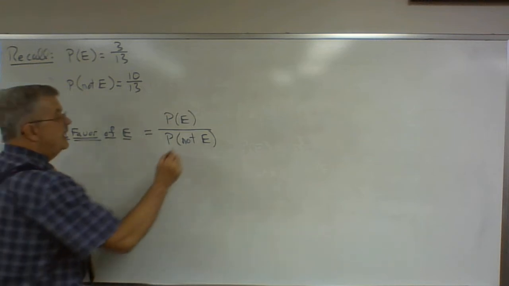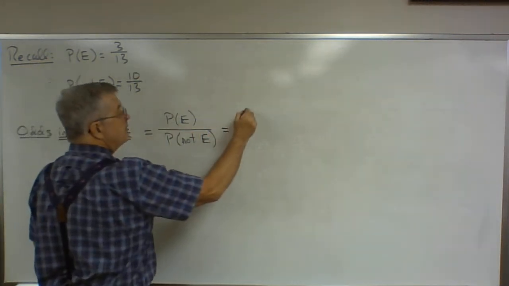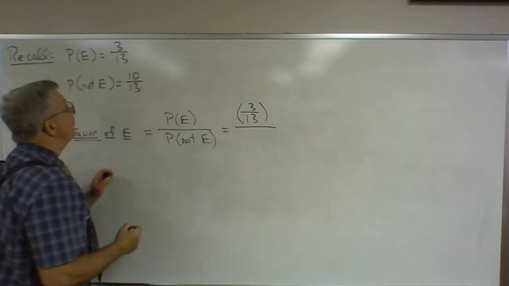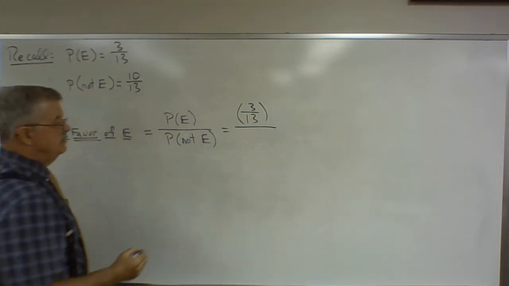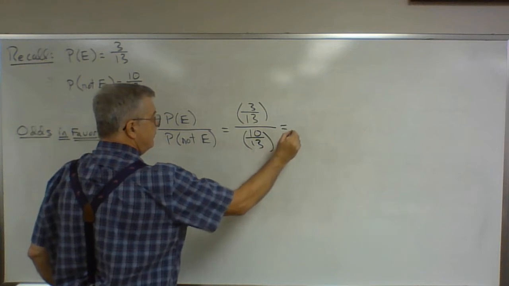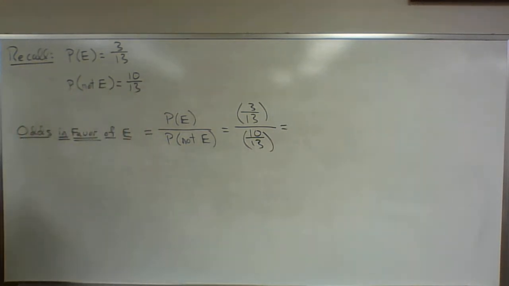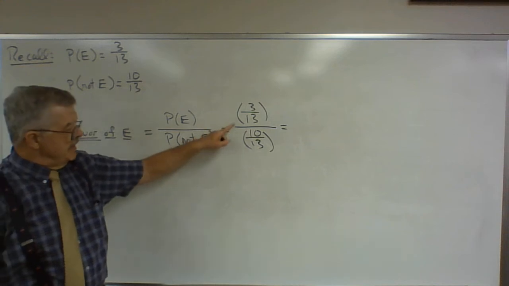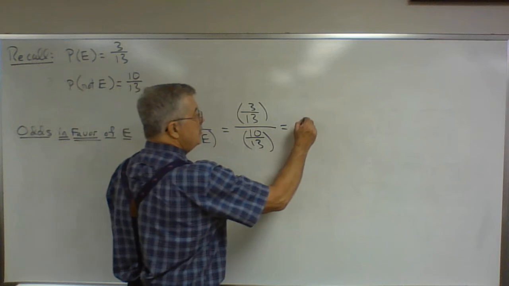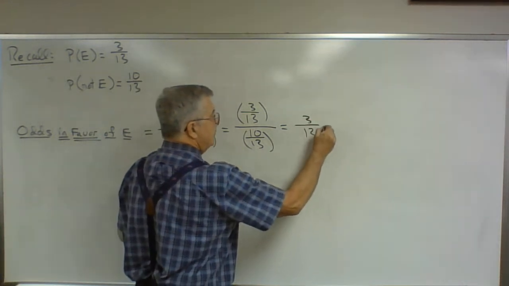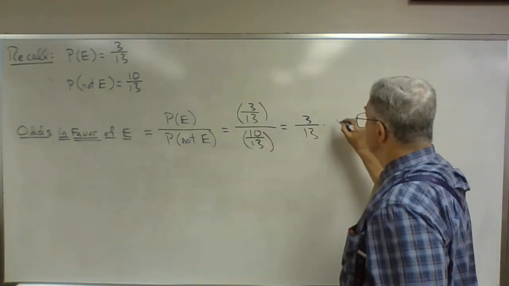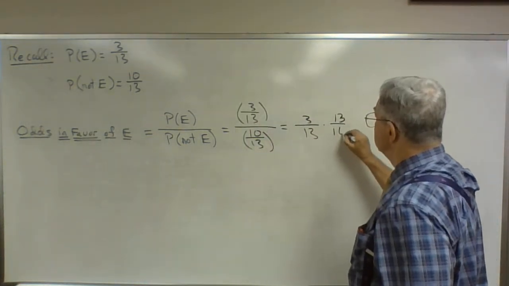And so we get 3 over 13 over 10 over 13. A fraction, a quotient where the numerator and denominator are both fractions. We're going to keep the numerator, and we're going to take the denominator and flip it. We're going to invert the denominator and multiply.